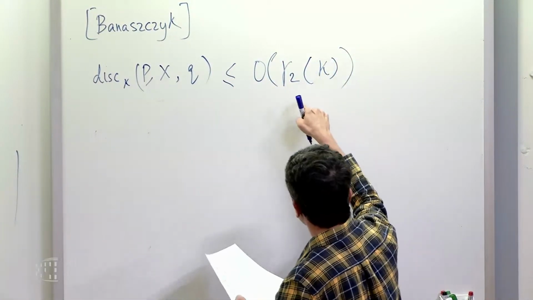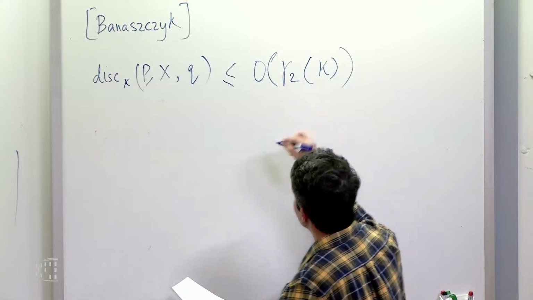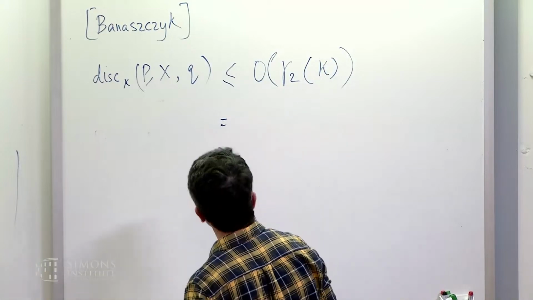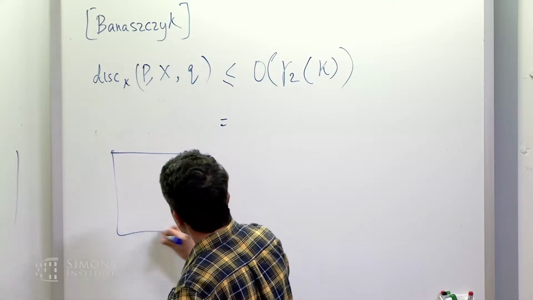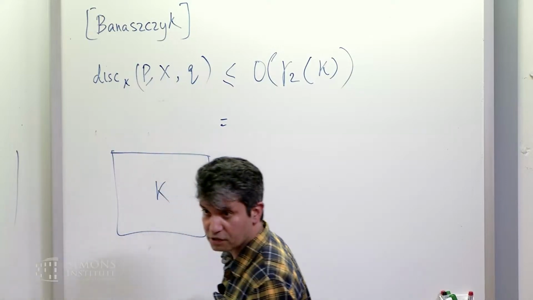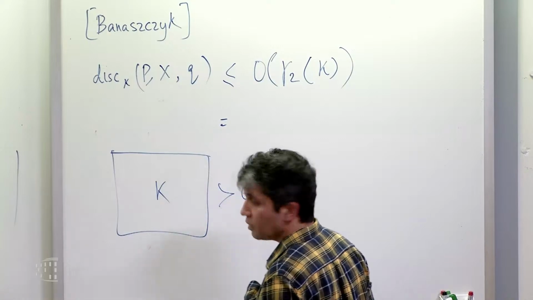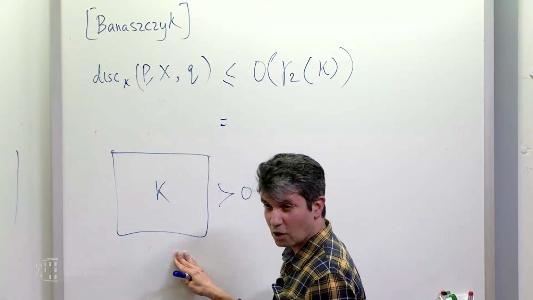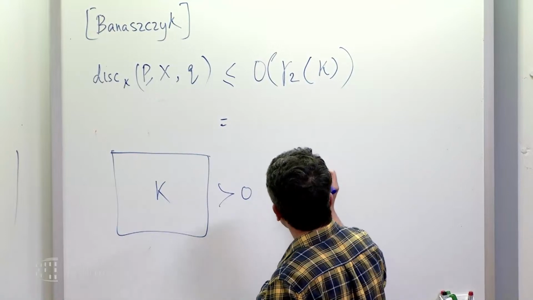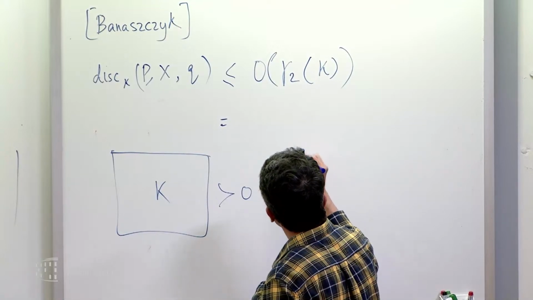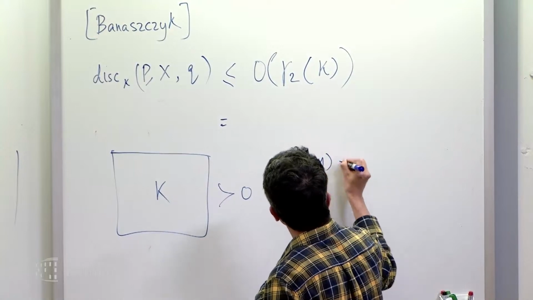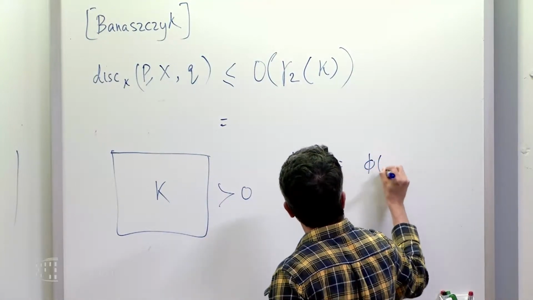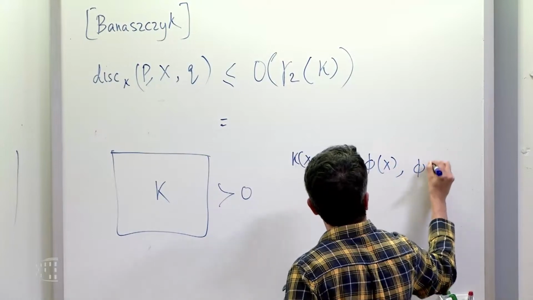Okay. Now this sounds like a bunch of jargon, but it's actually just the following. Let's take this kernel matrix K. It's positive definite. Right? This means that there is an embedding of this kernel matrix such that the kernel value for x comma y is equal to the inner product between phi x and phi y.